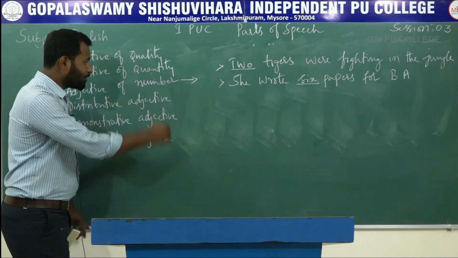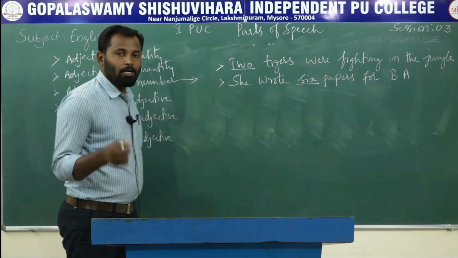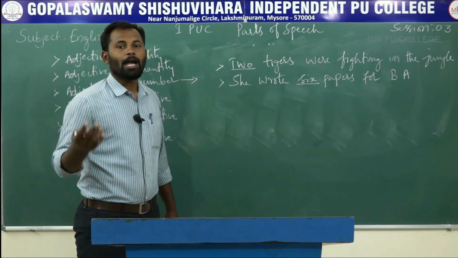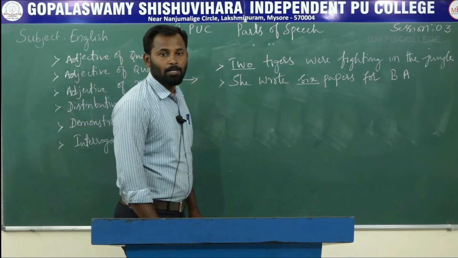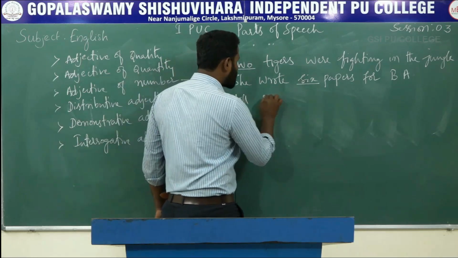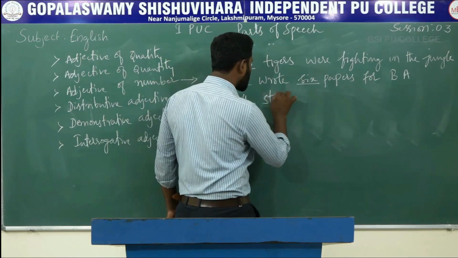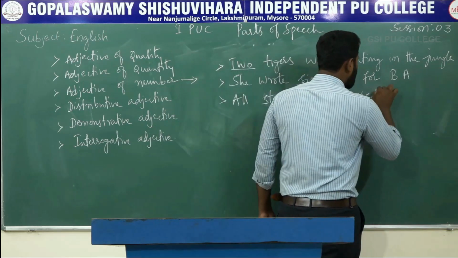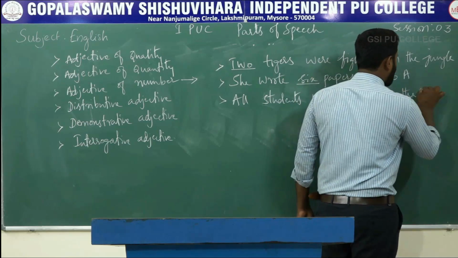So in adjective of number you have two different types. They are definite numerical numbers and indefinite numerical numbers. In case if I say all students passed in the exam.